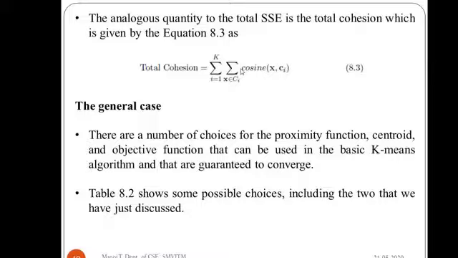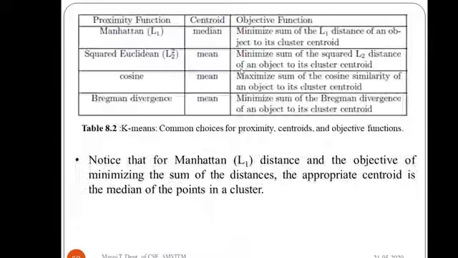So Table 2.2 is going to show which are the other proximity functions, centroids and objective functions we can take into consideration. So the proximity function may be Manhattan, the centroid is the median in case of the Manhattan distance, and the objective function is to minimize the sum of L1 distances of an object to its cluster centroid.